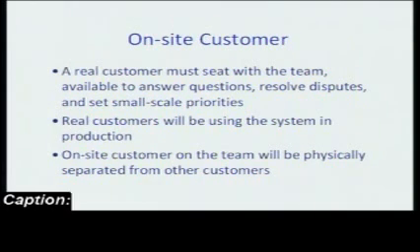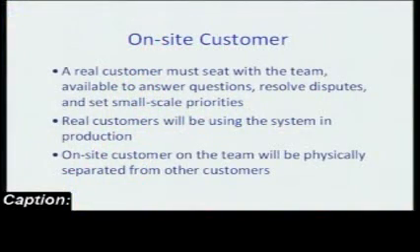The customer working on site should be able to look at the application and see how it fits in production. The customer should not have any other activities back at his or her office, so should be dedicated to the team for the duration of the project. This is sometimes the most difficult part to obtain: customer commitment for the duration of the project.